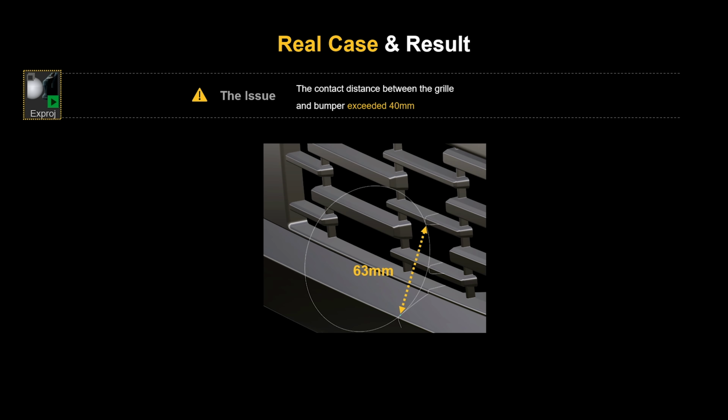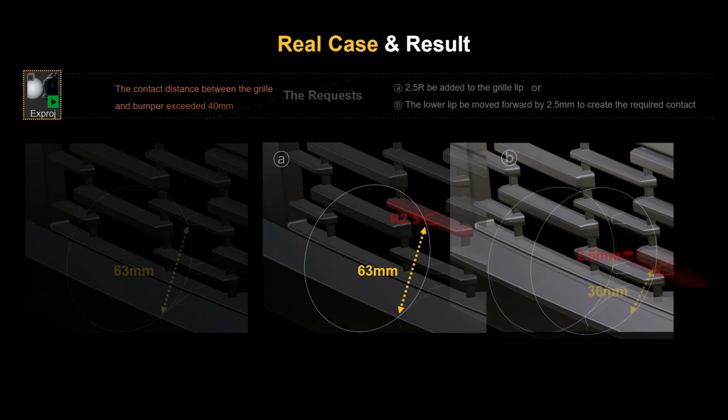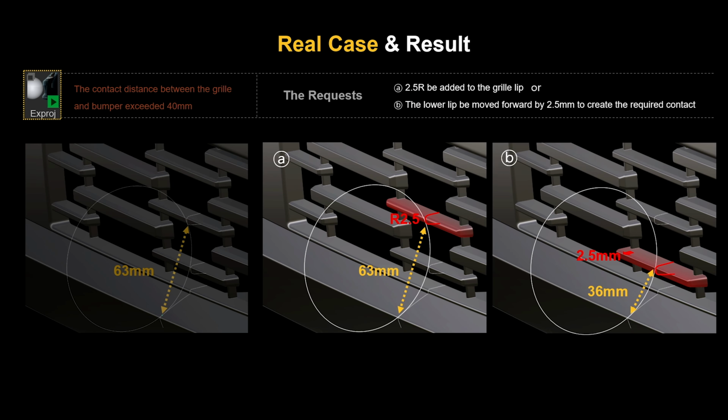In one project, the gap between the grille and the bumper was too wide. Engineering suggested two fixes. Either add a 2.5 radius to the grille lip, or push the lower lip forward. But both of those options had downsides. One dulled the edge, the other broke the line at 0L.